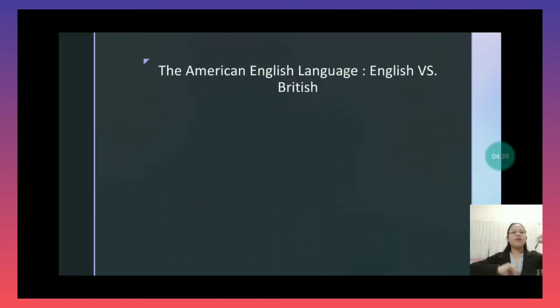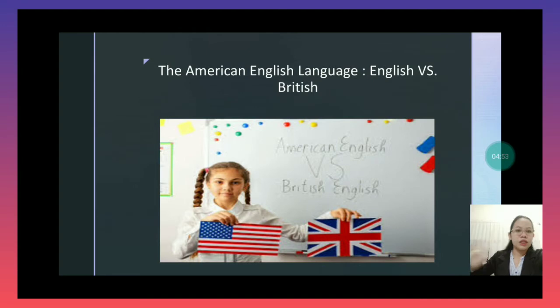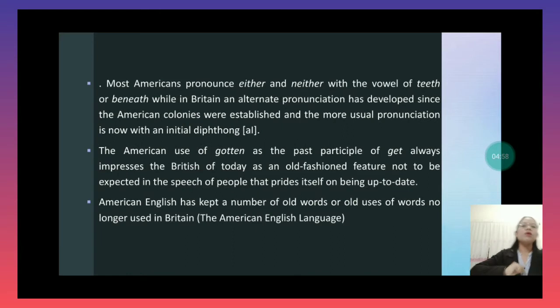Next. Okay, American English versus British English. Now, let's talk about these American and British words. Most Americans pronounce either and neither with the vowel of teeth or beneath, while in Britain an alternate pronunciation has developed since the American colonies were established, and the most usual pronunciation is now with an initial diphthong.